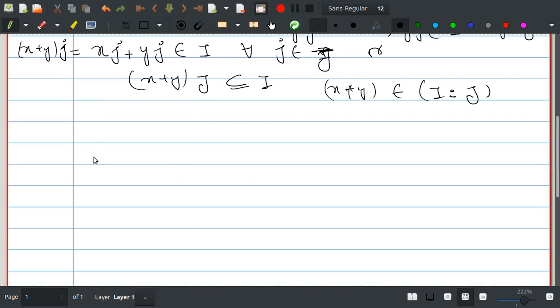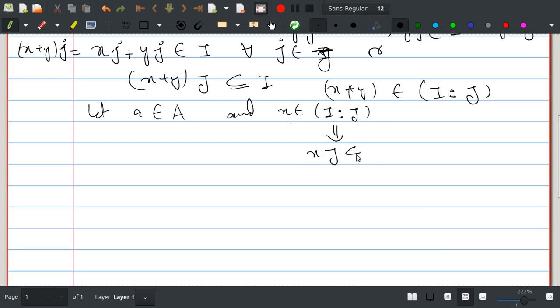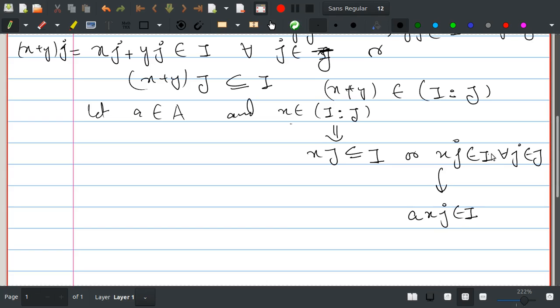Now to prove it is closed under multiplication, let a be any element in A and x be an element of I colon J. Now we have to prove I colon J is closed under multiplication by elements of A. Now x being an element of I colon J implies x times j is in I for all little j in J. Now I being an ideal and xj being an element of I, a times xj is also an element of I, because I is closed under scalar multiplication.